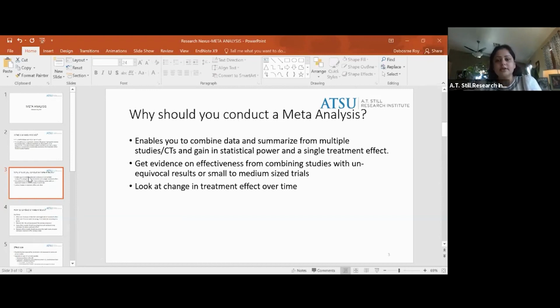Meta-analysis can also be used to look at change in treatment effect over time. This can only be applied to ratio and continuous outcomes.